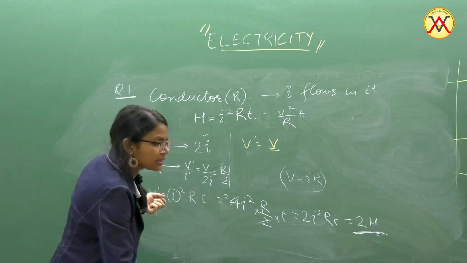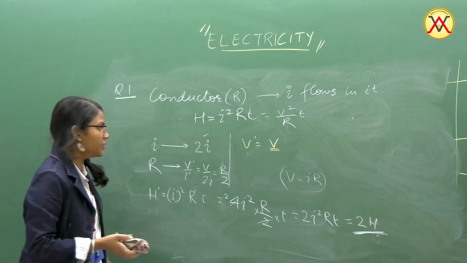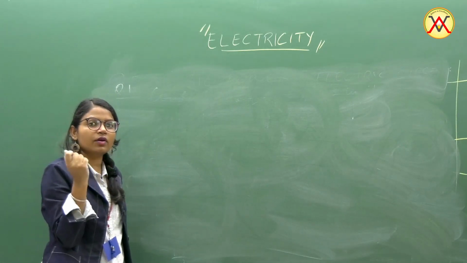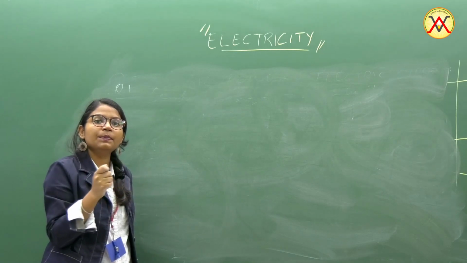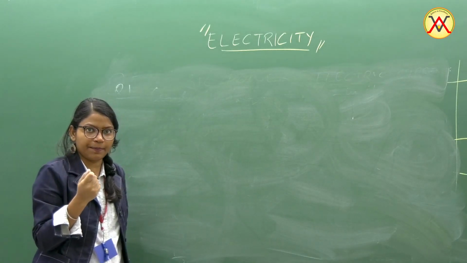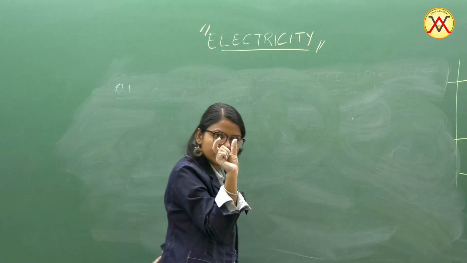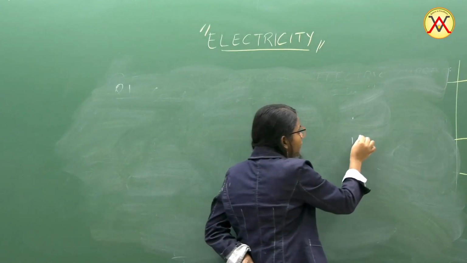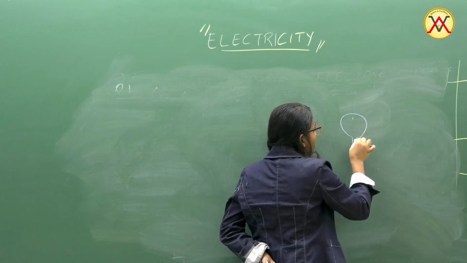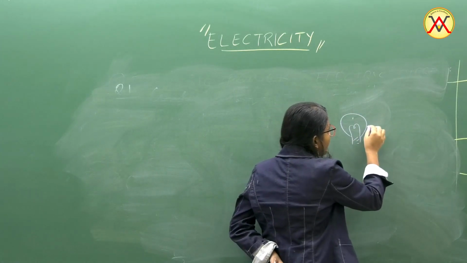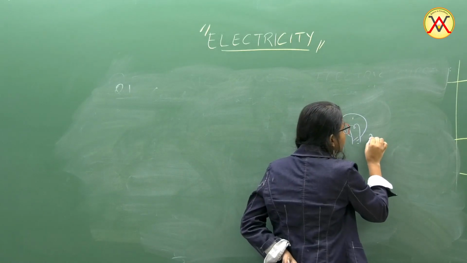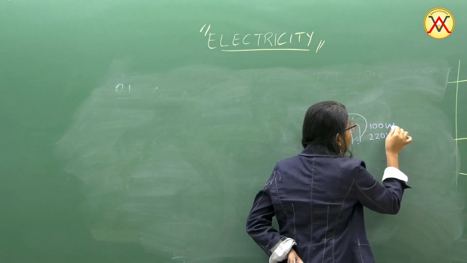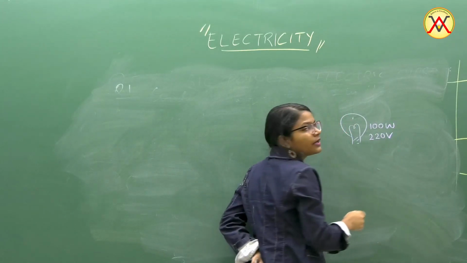Alright, let's come to a question related to electric power. Have you ever noticed, when you have gone with your parents to buy any bulb or tube light or any electrical appliance, there are some values specified on your electric appliances? For example, on a bulb you must have seen specifications like 100 watt, 220 volts.